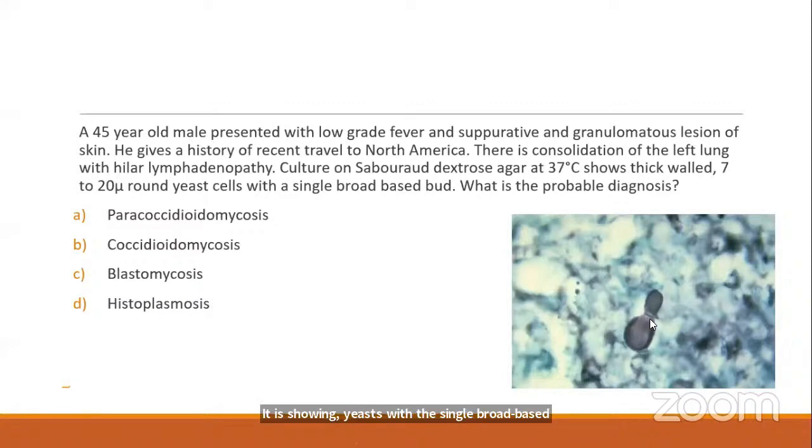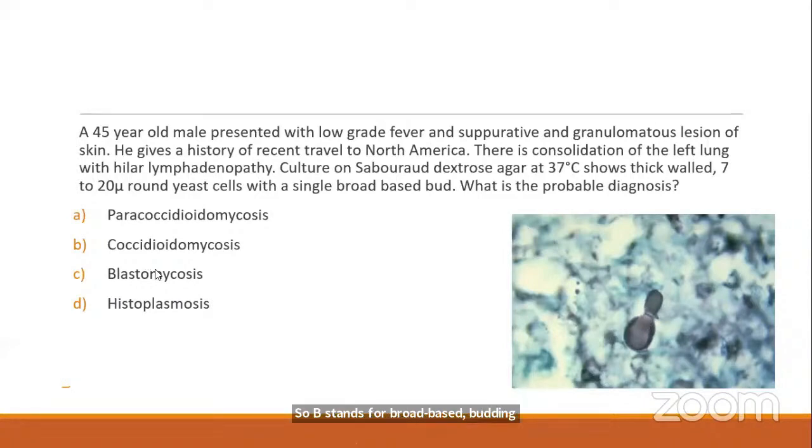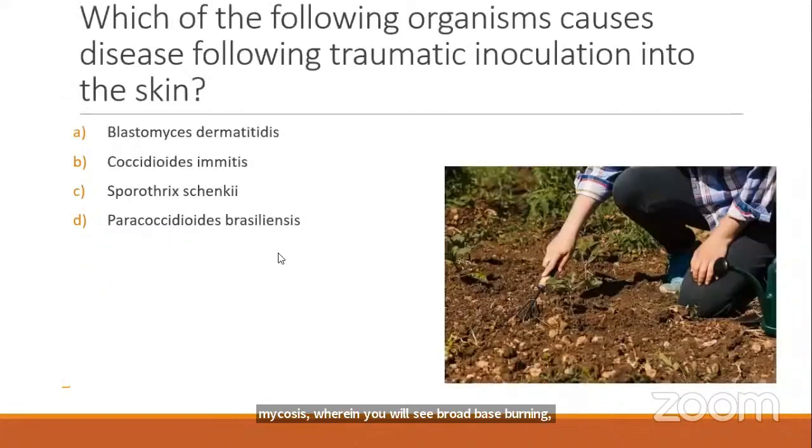B stands for broad-based budding. B stands for blastomycosis, not histoplasmosis. It is this word which is key, North American blastomycosis, wherein you will see broad-based budding standing for blastomycosis. Okay. So this was the question which somebody had actually mistaken.